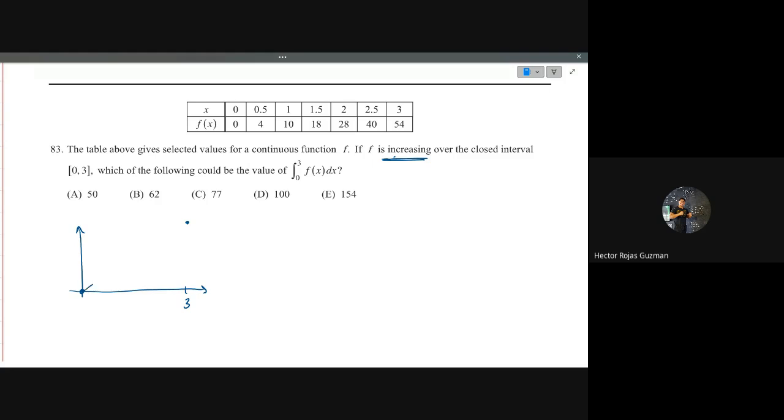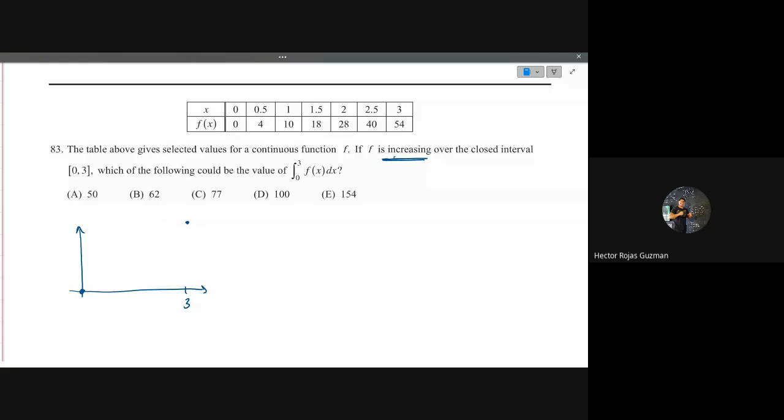That could be with a straight line. It could be with a curve whose concavity is positive. It could be with a curve whose concavity is negative. So which of the following could be the integral from 0 to 3?